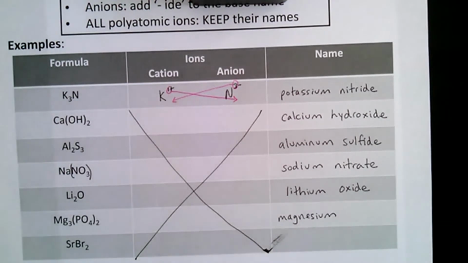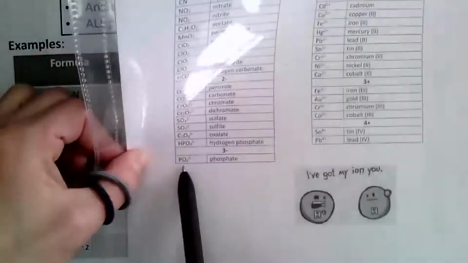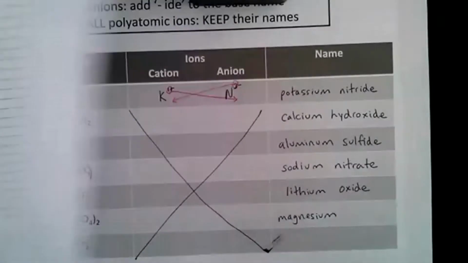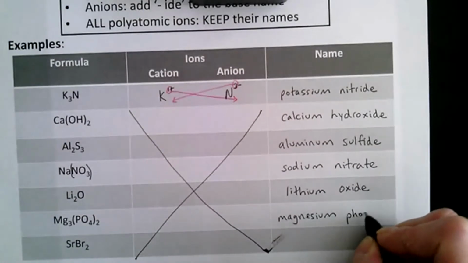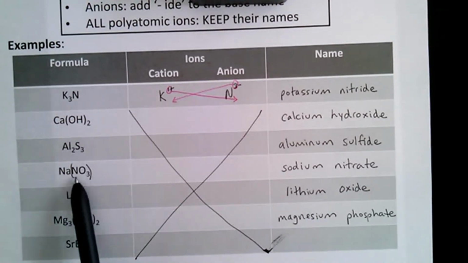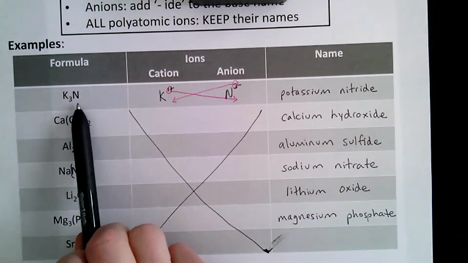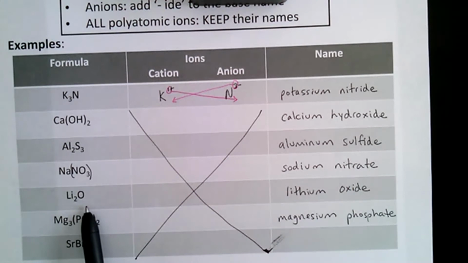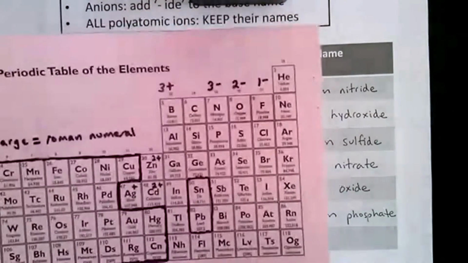I know I need to find out what PO4's name is. PO4 is phosphate. So anytime you see a formula that has more than one uppercase letter there on the end, you know you're dealing with a polyatomic ion. If you only see one uppercase letter at the end, you know you're dealing with an element from these three columns.